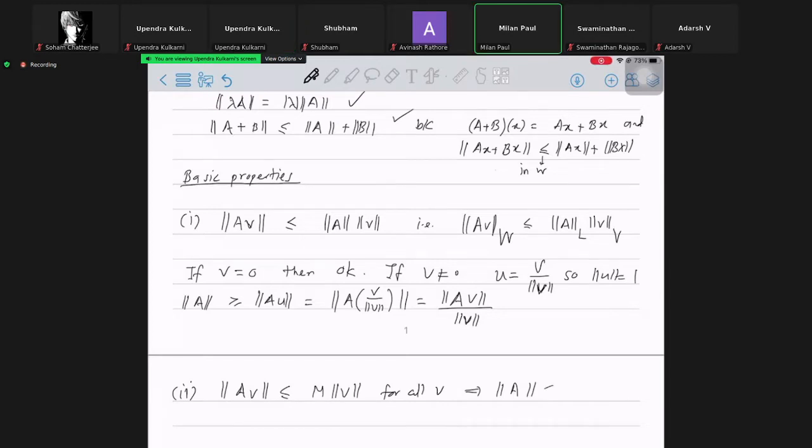Less than or equal to. And in fact, more is true. Suppose I take all such scalars M such that the norm of Av is less than or equal to M times the norm of v for all v.